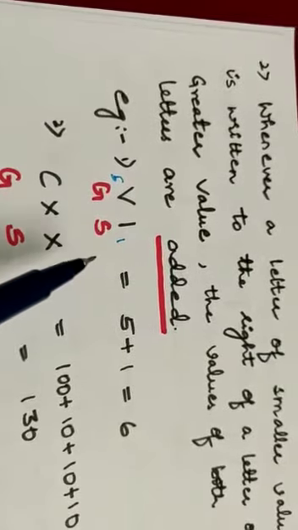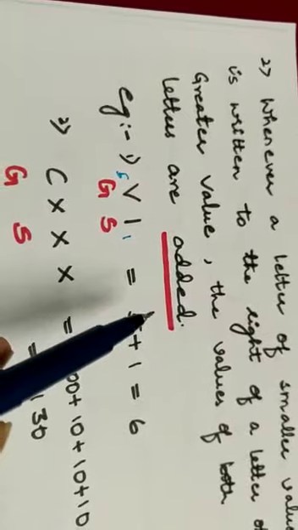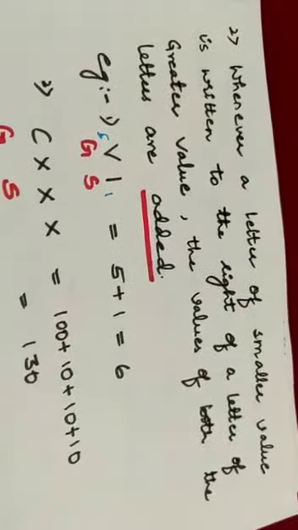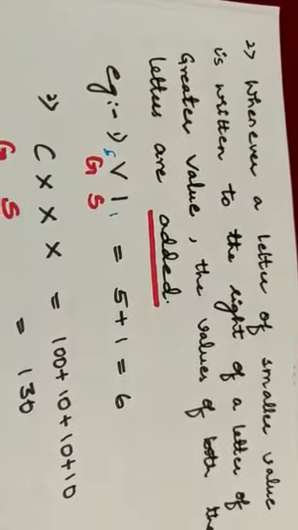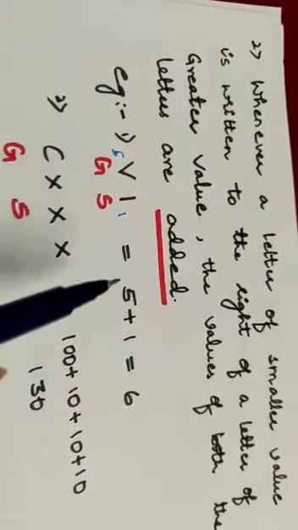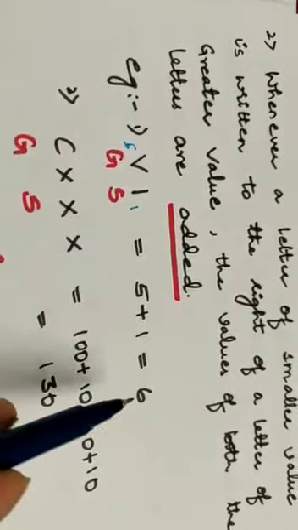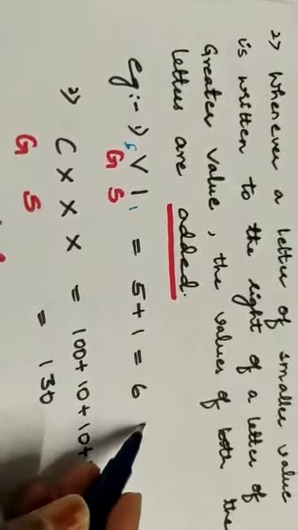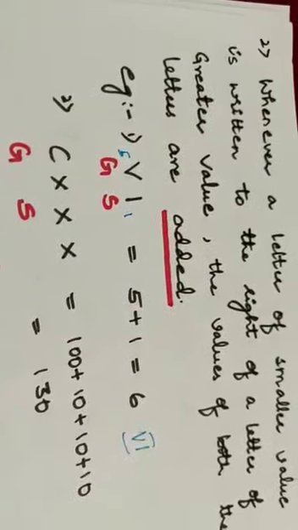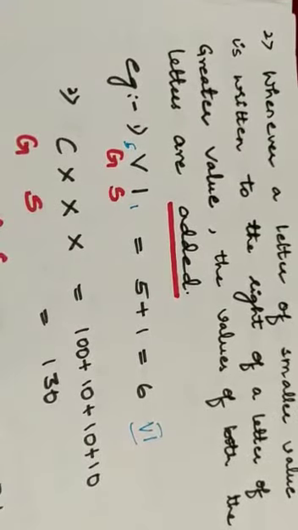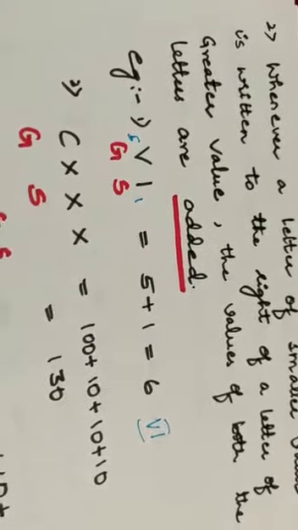Greater value is V. Smaller value is I. So whenever smaller value is written on the right side of the greater value, the values of both letters are added. This is rule 2, children. So what is the greater value? 5. What is the smaller value? 1. So 5 plus 1, 6. So this is why we represent 6 like this. Roman numeral 6 means V and I.